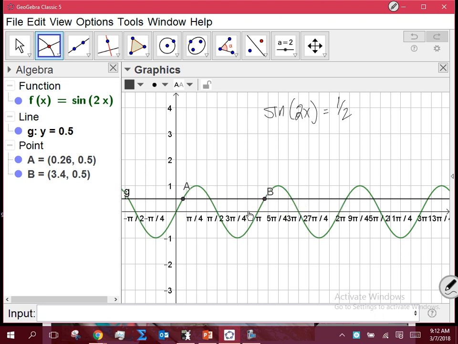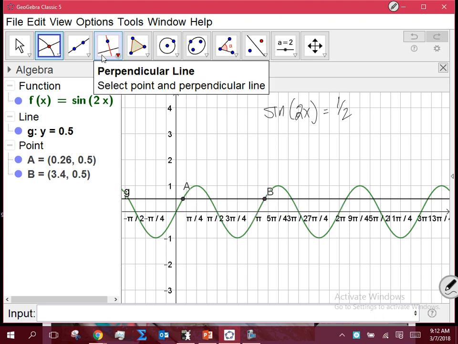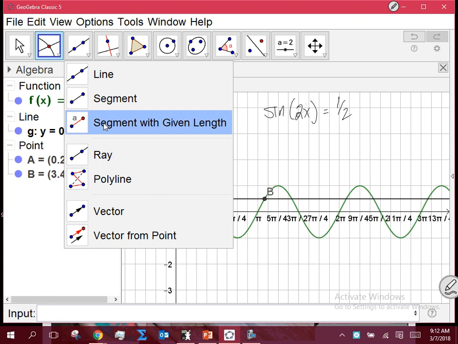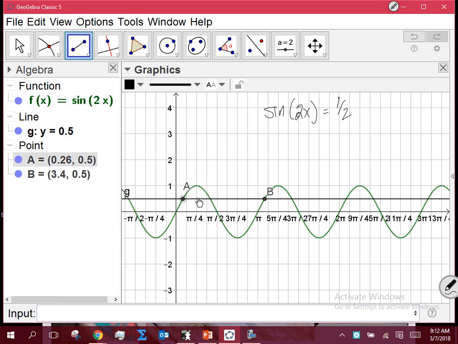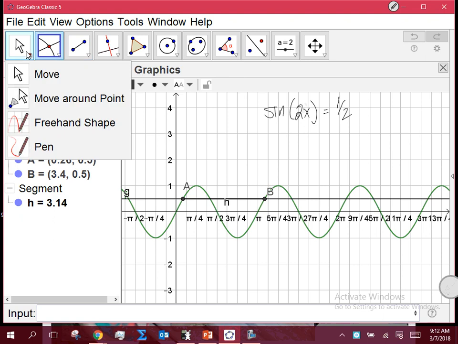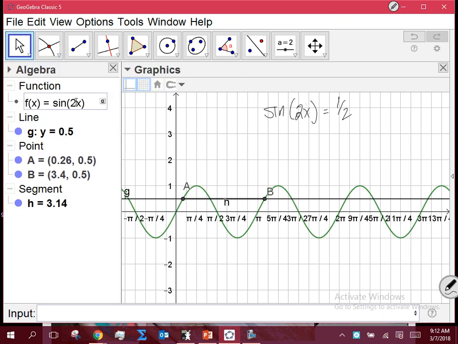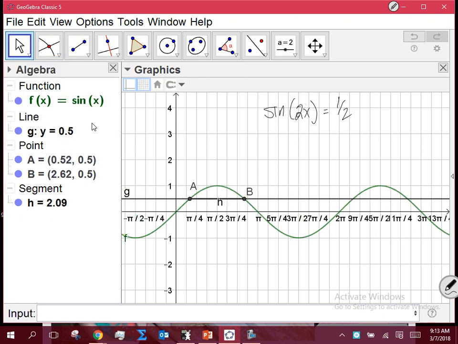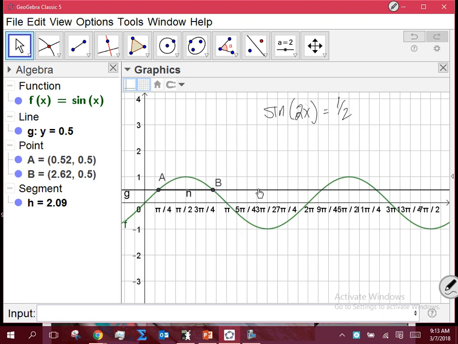Obviously they're in different locations, but let's look at that distance. The distance between A and B, in this case it's 3.14, which would be what for us? That's pi, right? Okay. If this was just, let me change this to x. Now I don't want B, I want this point over here.